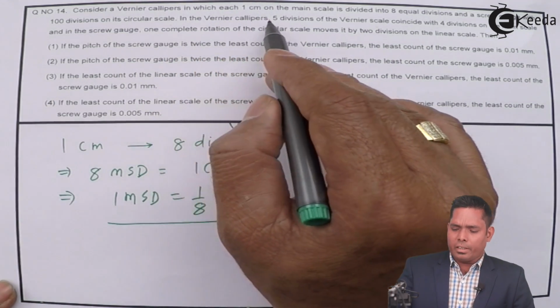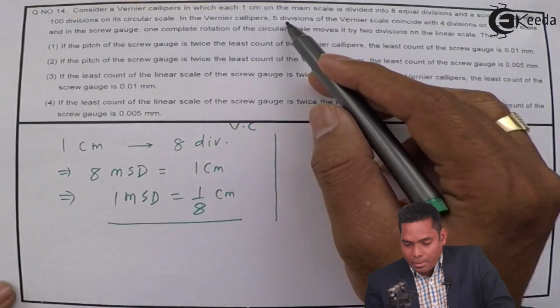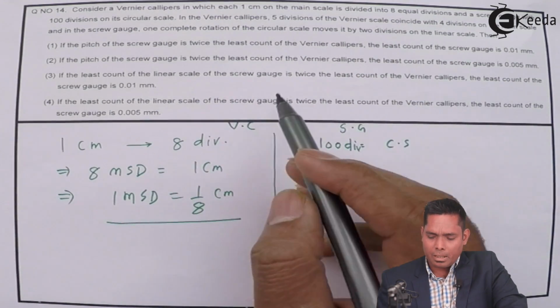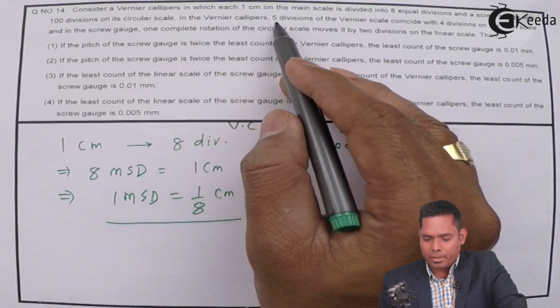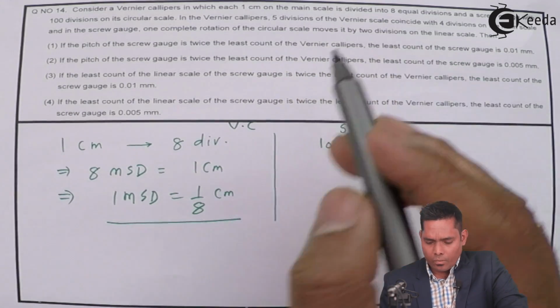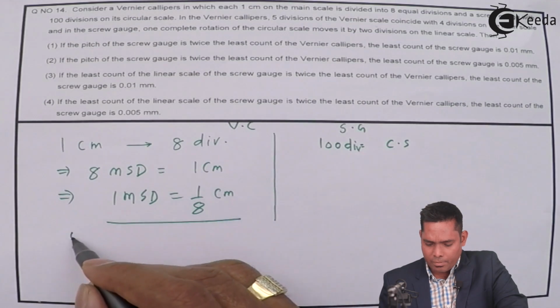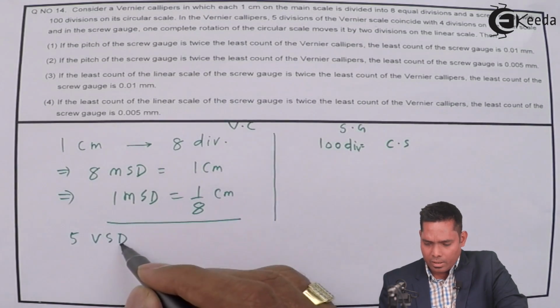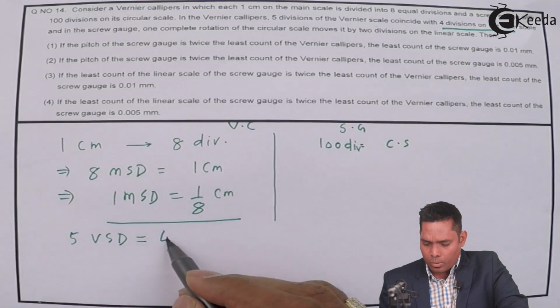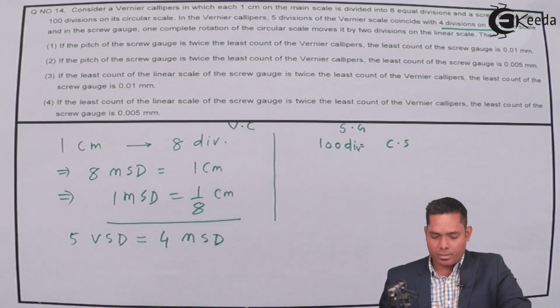In the vernier calipers, 5 divisions of the vernier scale coincide with 4 divisions of the main scale.